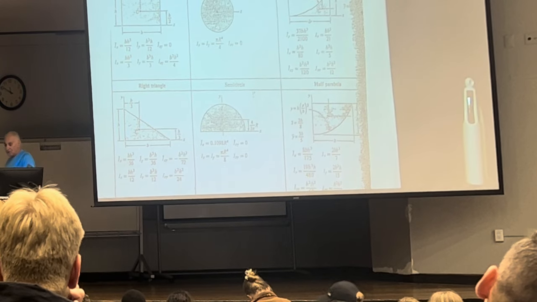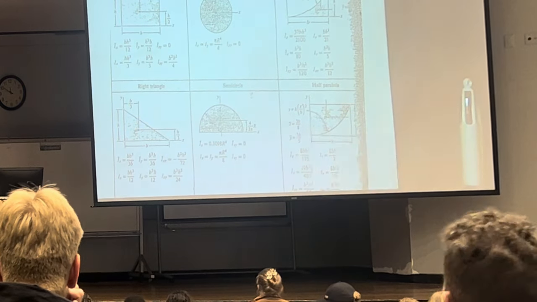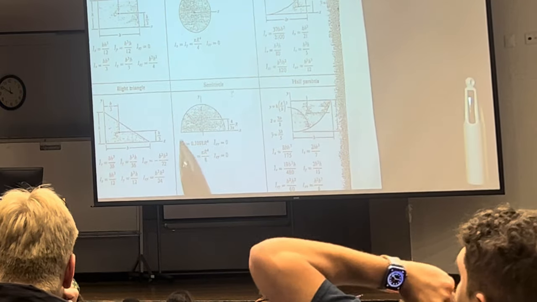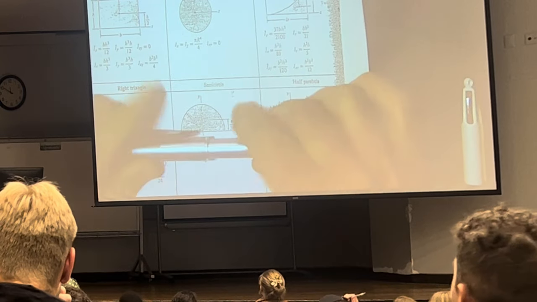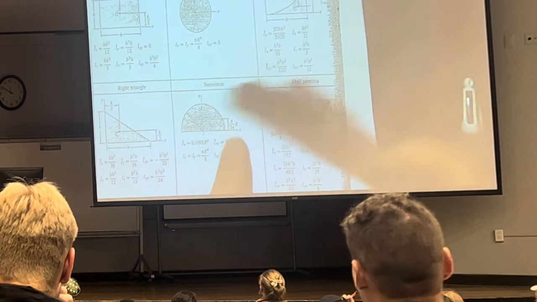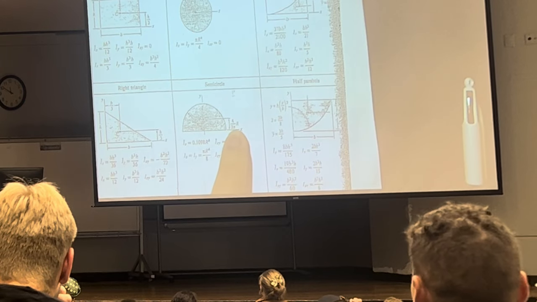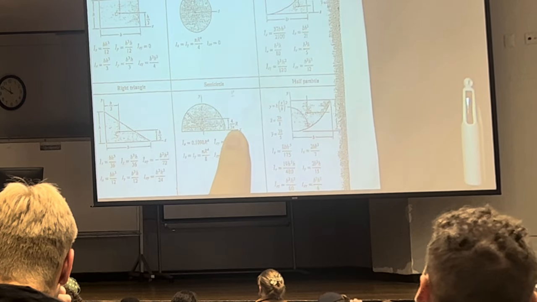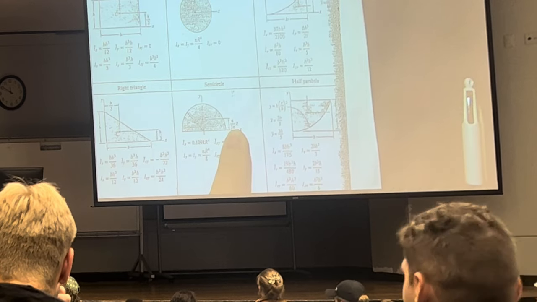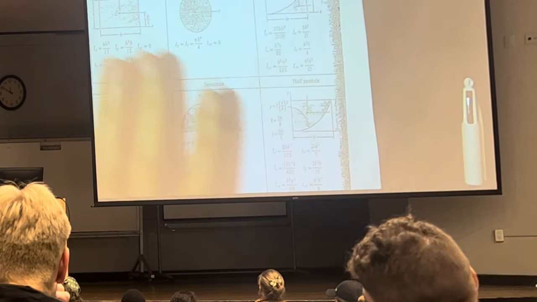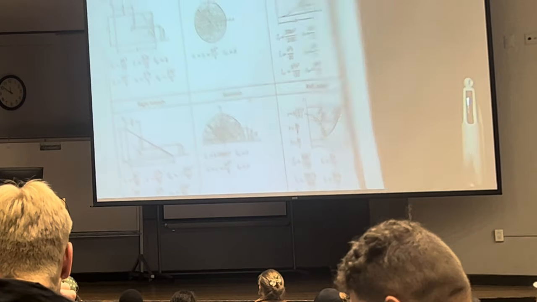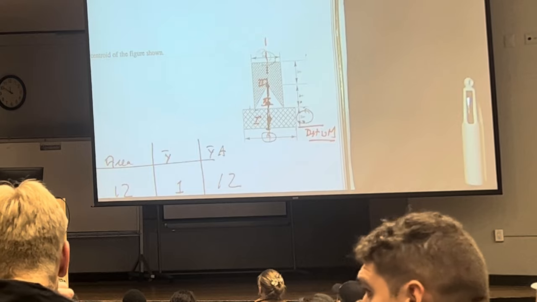So if you want to know centroids, this table has it. For the semicircle, from the straight edge up to the centroid, it's 4r over 3 pi. You with me? So this table will give you locations of centroids for common shapes.